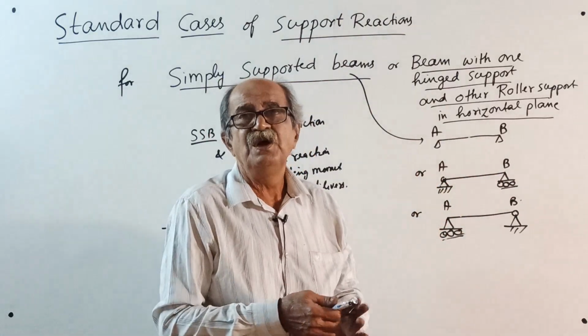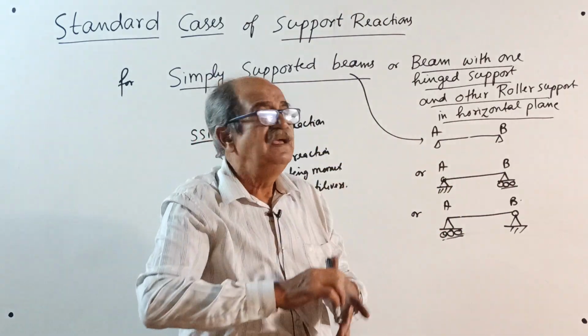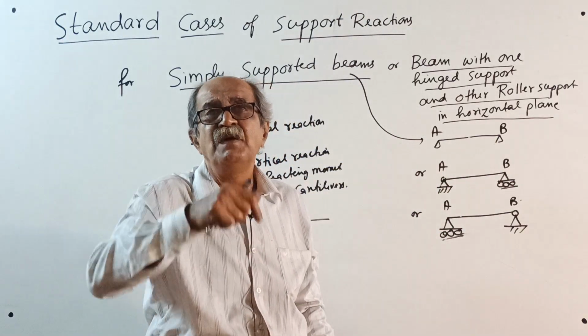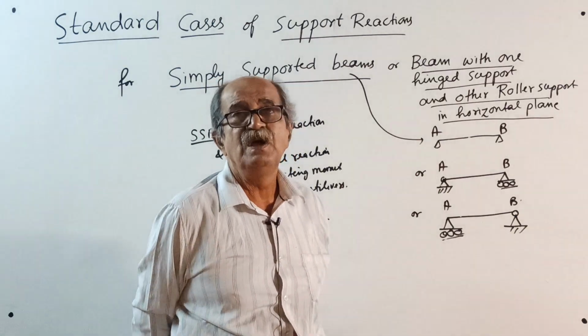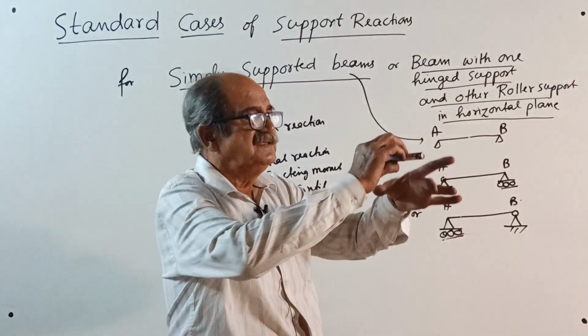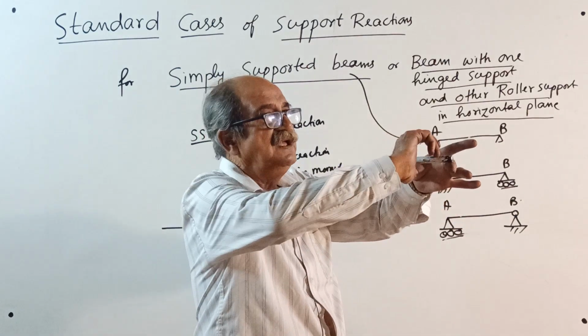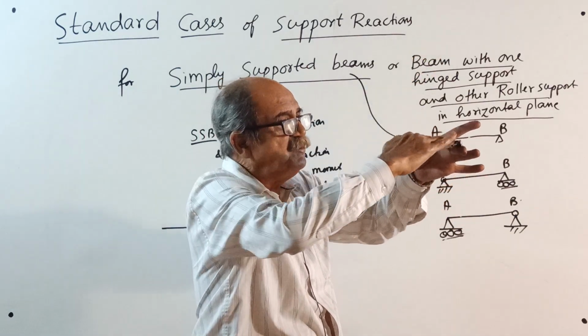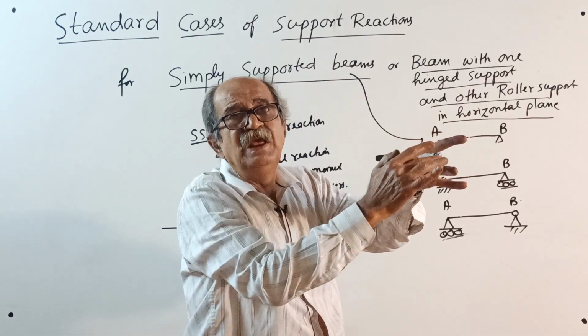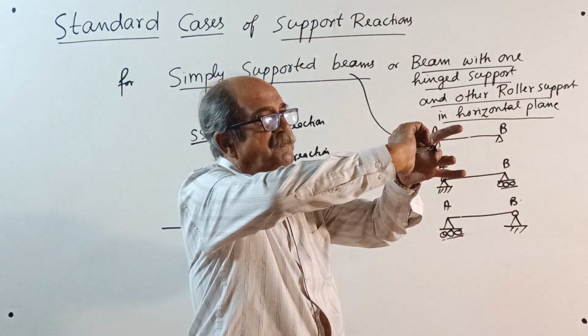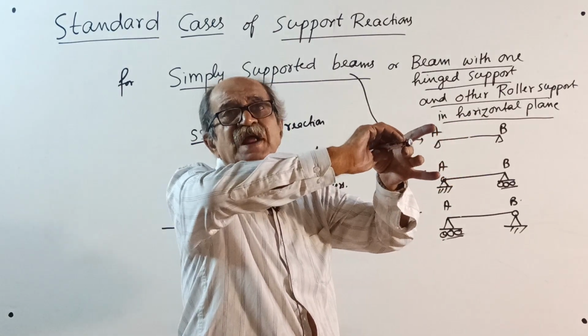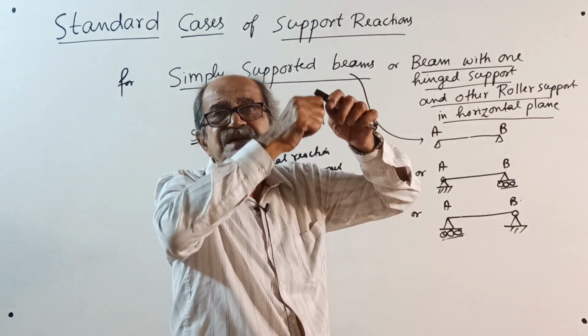One more note. When a couple is applied, sometimes the reaction will come down at one support. Some people ask, sir, how can downward reaction come? When you apply the load this way, a simple support can give upward reaction. But when you apply a couple, one side will try to get lifted, so the reaction is down.